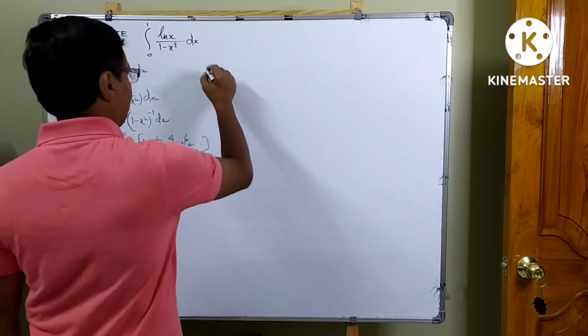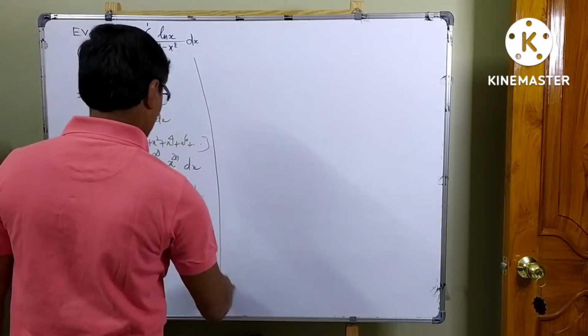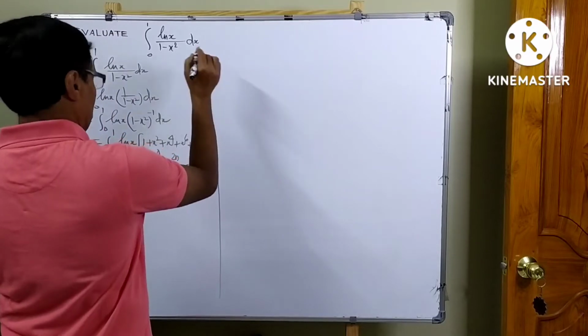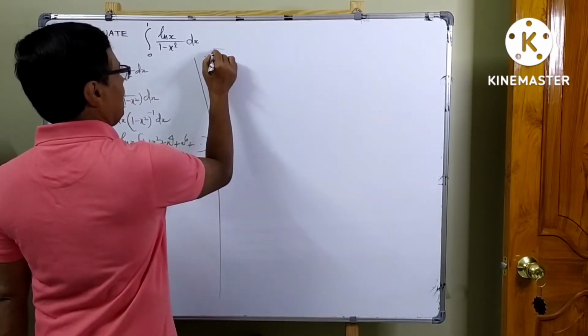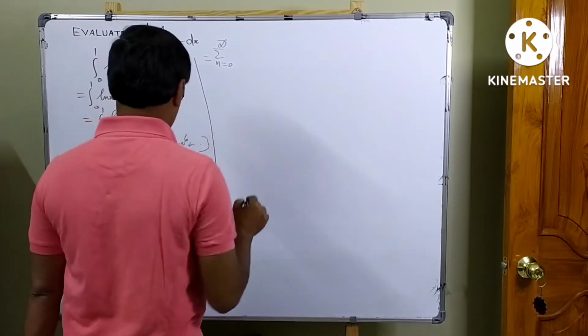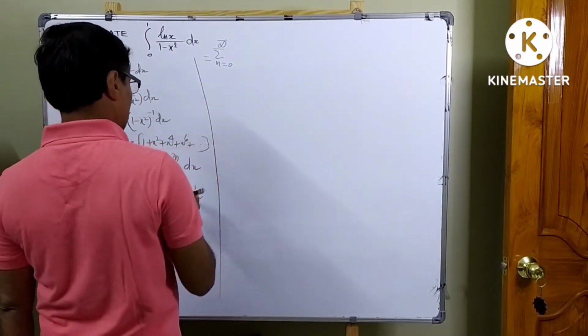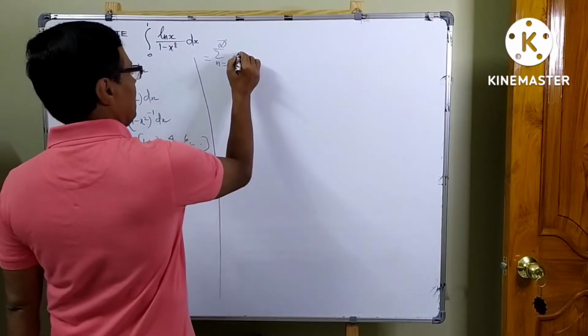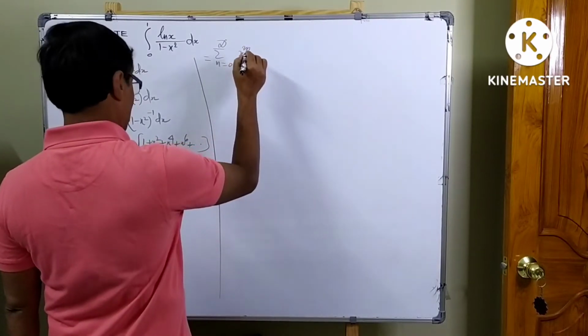So, this is equal to summation n equal to 0 to infinity, integration by parts.